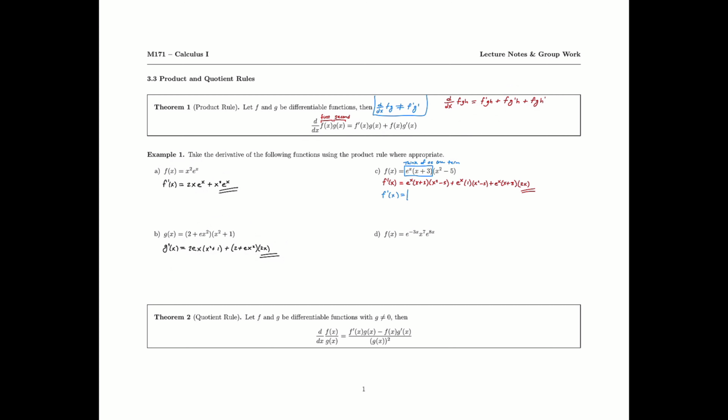We'll have the derivative of this first term times the second function left alone, plus the first term left alone times the derivative of the second, which is 2x.